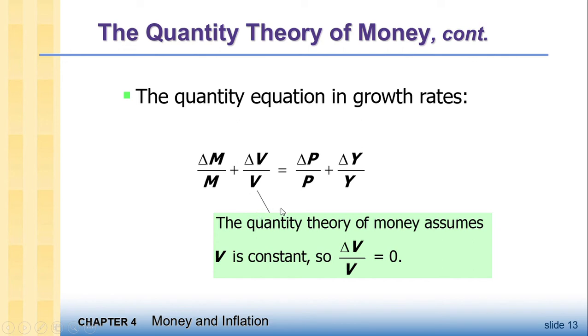Now we know velocity is constant in the short run. We also know Y bar is fixed in the short run. So the changes in money supply directly change the price level. And this was very crucial to the classical economics understanding, that money supply only changes the price level, not the real income level.